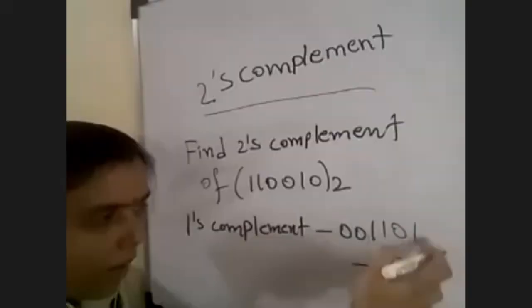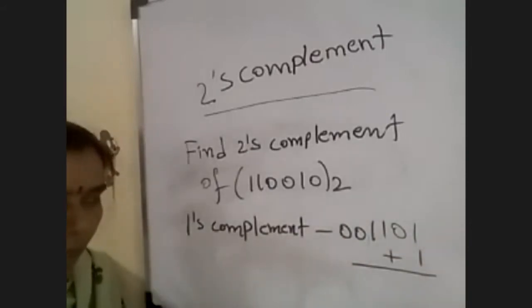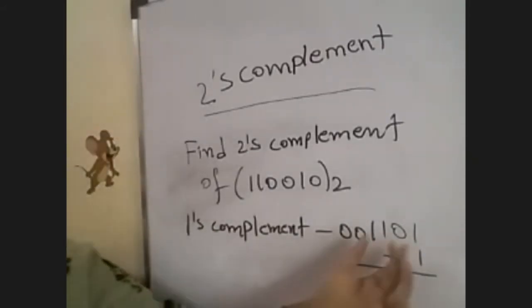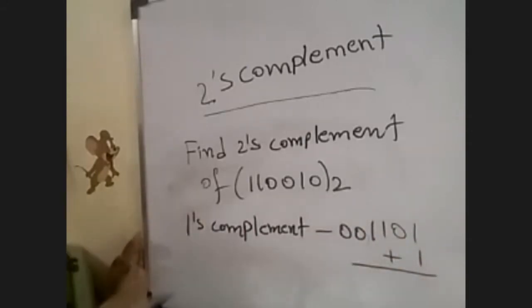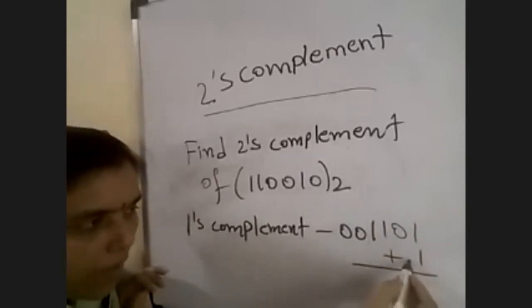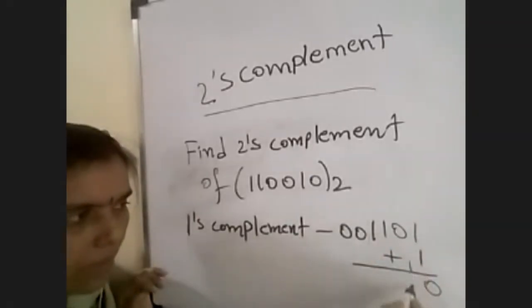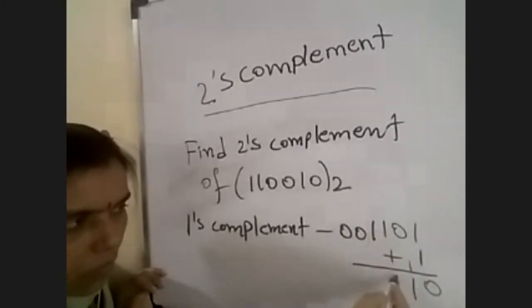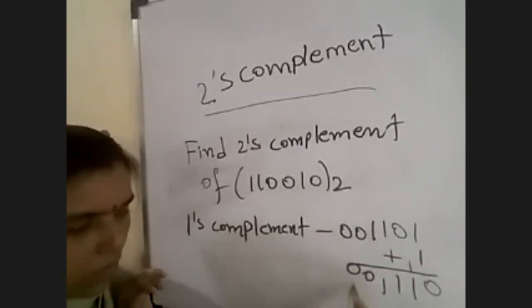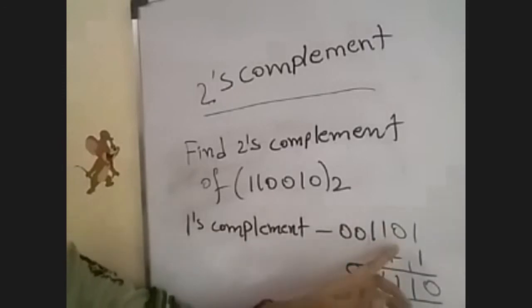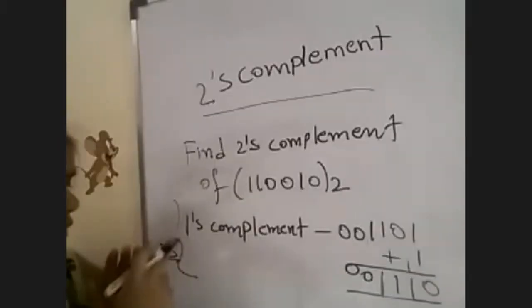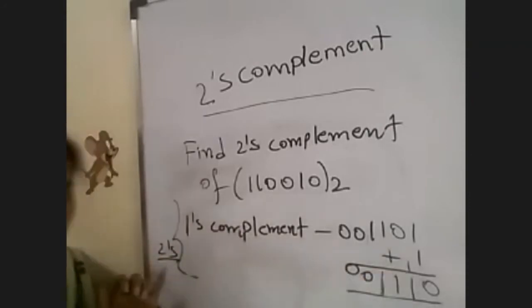One's complement plus 1. Here we perform the binary addition: 1 plus 1 is 10, 0 plus 1 is 1, and so on, giving 001110. If you want to perform the addition of binary numbers, two's complement is nothing but one's complement plus 1.